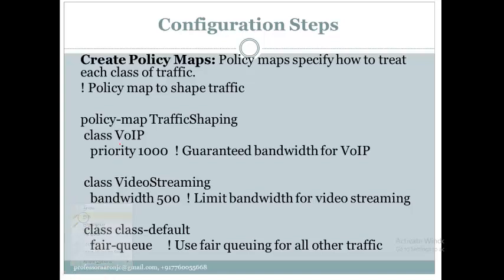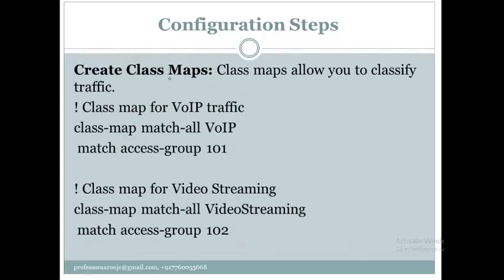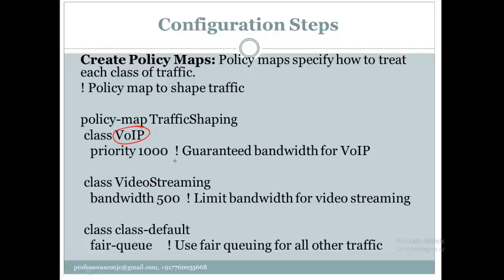Now here, instead of priority, you can say set DSCP EF. And then you send it to the next router. On the next router, in the access list, instead of matching the UDP traffics, you will match the EF traffics.